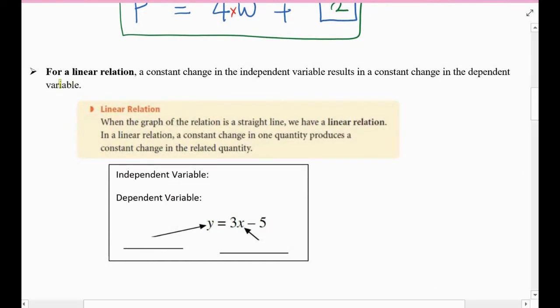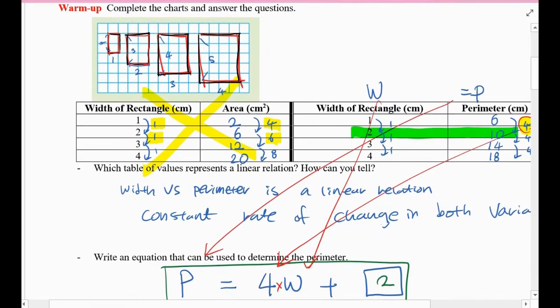For a linear relation, a constant change in independent variable results in constant change in dependent variable. So everyone, what's independent variable and dependent variable? So independent variable is the variable that does not depend on any variable.